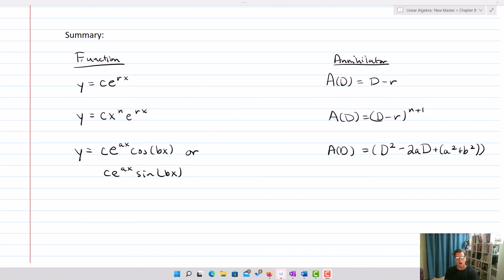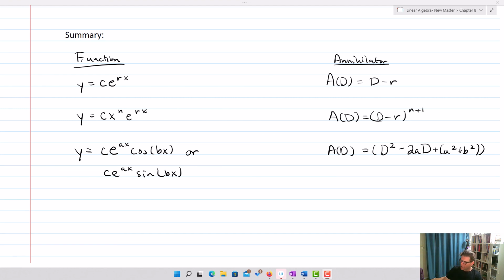Or if we have cosine or sine functions, c e to the ax cosine bx, or c e to the ax sine bx, then A of d is going to equal d squared minus 2ad plus a squared plus b squared. Okay, which is basically finding the polynomial that gives you these complex roots.